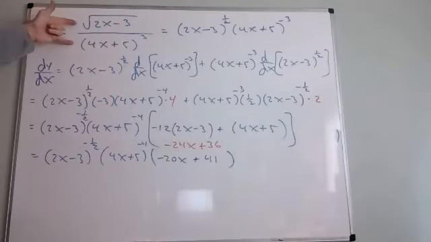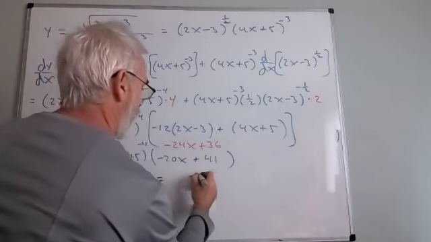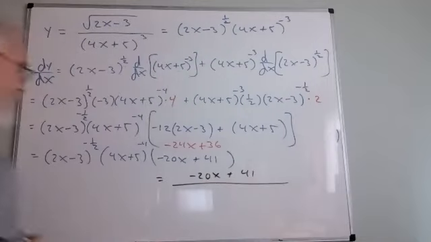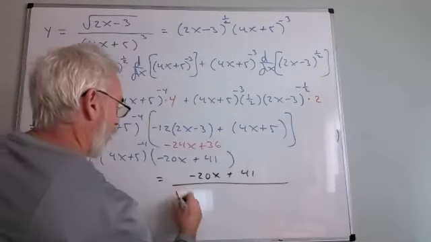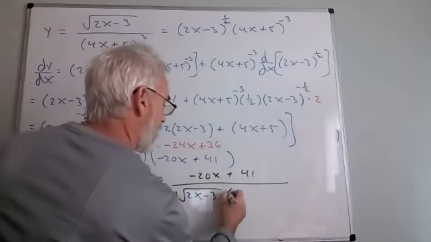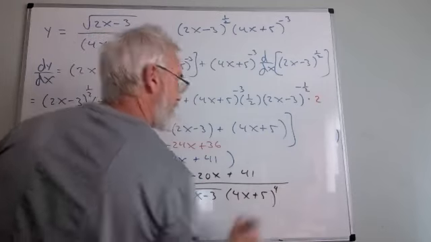Had I done the original problem as a quotient rule, I could have done it, but it would have been very difficult algebraically. But now I have something that's really simple to work with. There's my numerator. And my denominator will be square root, and this will be (4x plus 5) to the positive fourth.